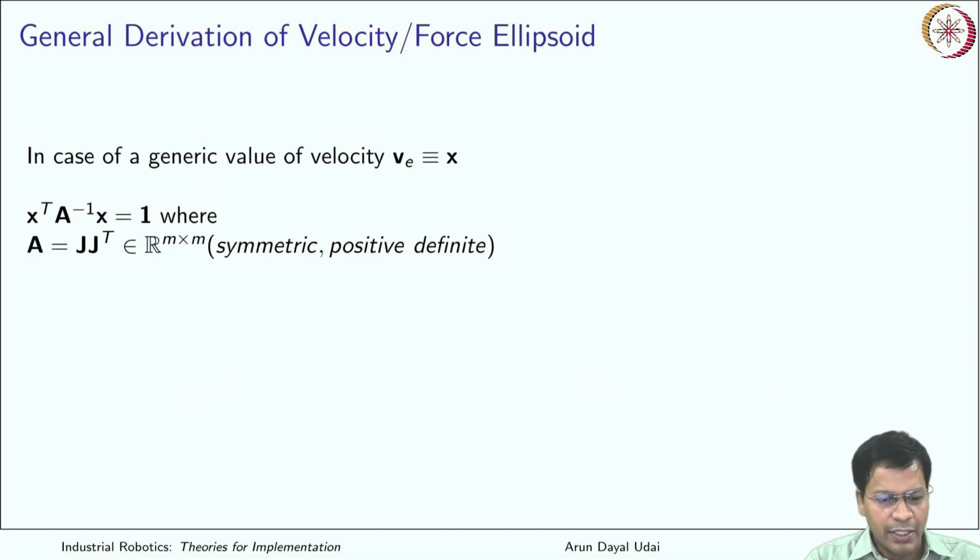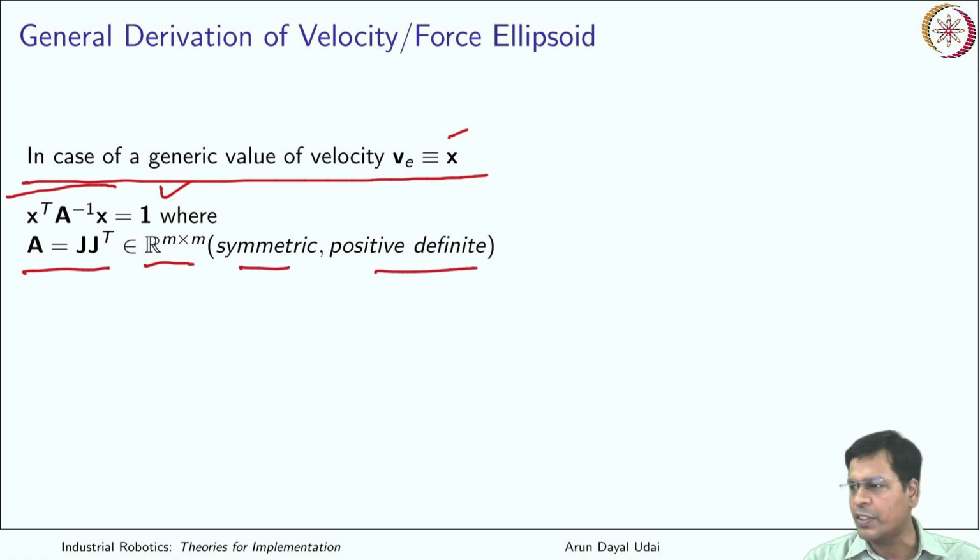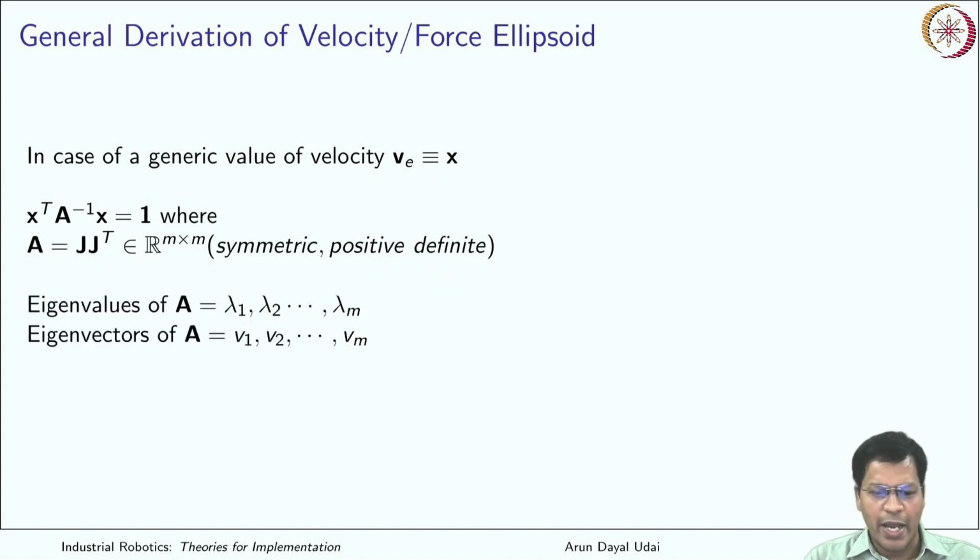In the generic case, mathematically, if I say it is X, I can write it as X transpose A inverse X is equal to 1. A is J J transpose, which is a symmetric positive definite matrix. So the eigenvalues of A are lambda 1, lambda 2 till lambda n. Similarly, the eigenvectors are v1, v2, vm. So these are eigenvalues and eigenvectors.